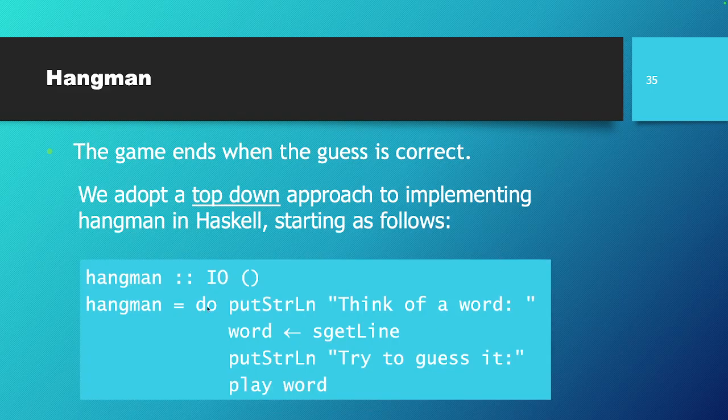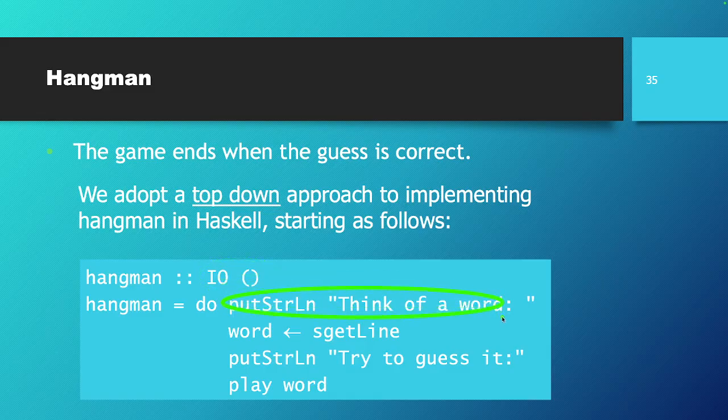So we say Hangman is IO, which means I might need IO, and basically that's all I want to do. So I'm not going to be using the value that comes from this ever again. I just need something to be printed out.